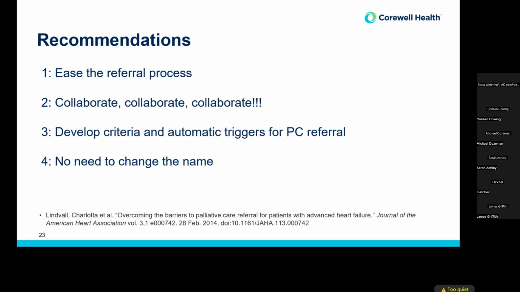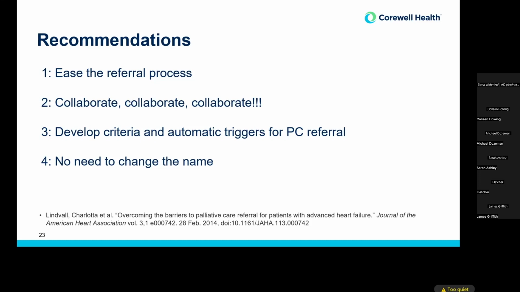But that collaboration, if I were to even take away the other three and just leave collaborate, collaborate, collaborate on there, that would be probably sufficient. So really work with your cardiology team, understand what their pain points are, and take away the frictions that you can, and collaborate with them to create a seamless care model for the patients. We did find that developing criteria and automatic triggers for palliative care referral has been very helpful.